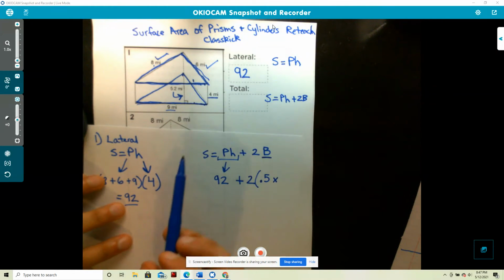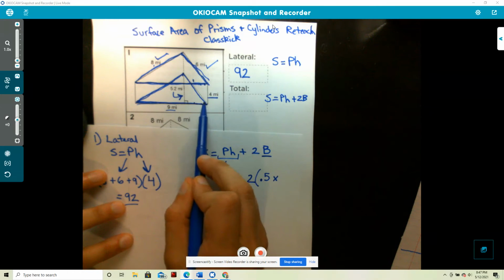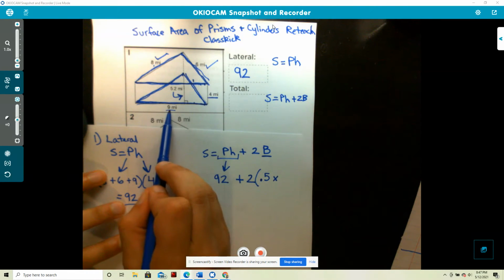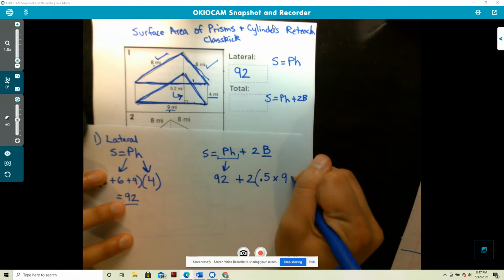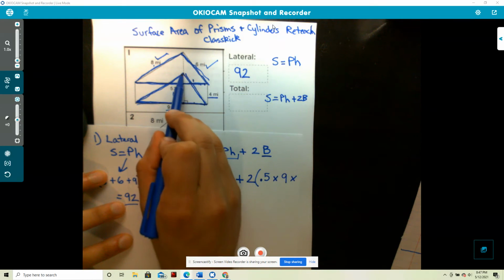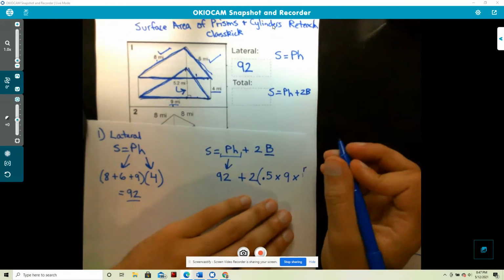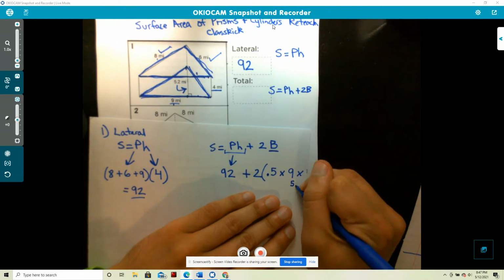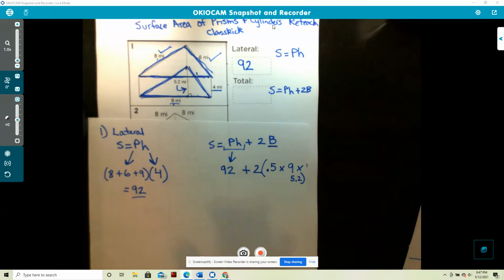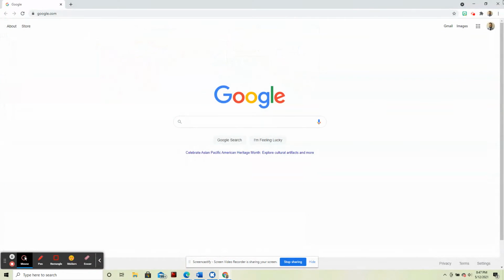So our base, remember, we're just looking at the two-dimensional shape. So we have a base of 9 times a height from the 90-degree angle to the top of the vertex, which is 5.2. Whoops, I'm running out of room. Times 5.2. So then we'll type that in on the calculator.